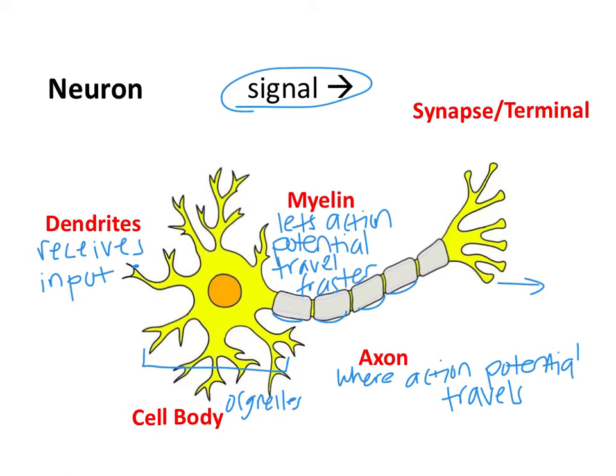And then the end of the neuron is called the synapse, or it also goes by the name terminal, and that's where the chemical will be released to communicate with the neighboring neuron. We call that chemical a neurotransmitter. So we're going to go through all of this in more detail here and in the next video.